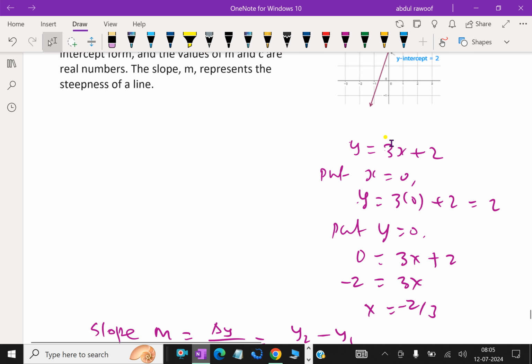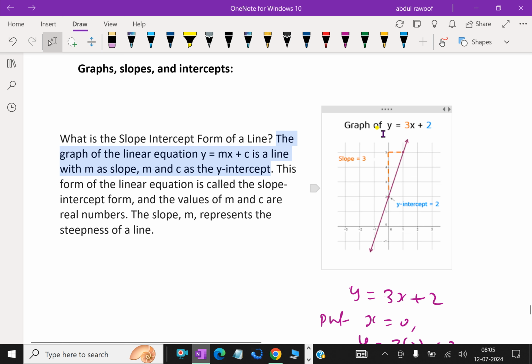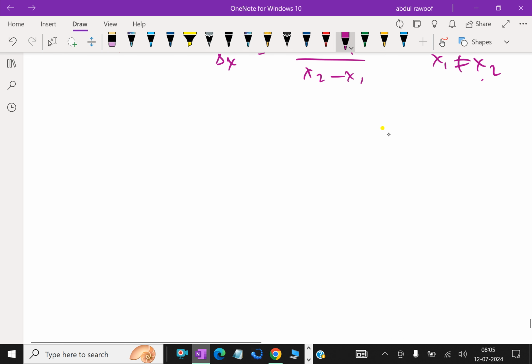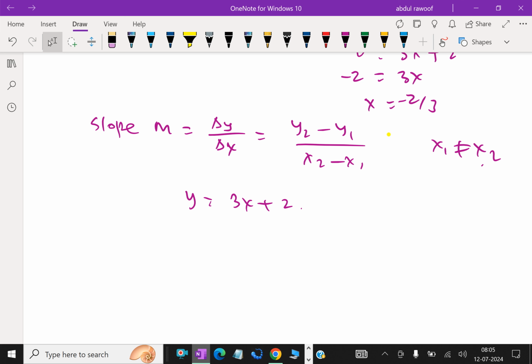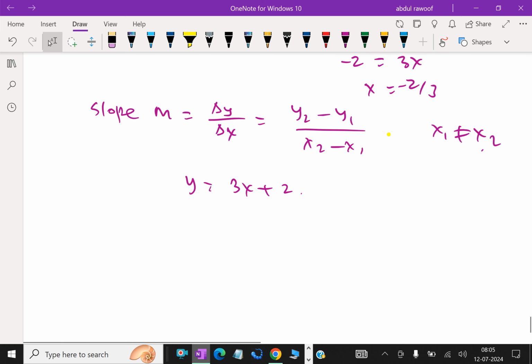Here, we have the same equation, y equals 3x plus 2. From this we can find the derivative, that is delta y by delta x.